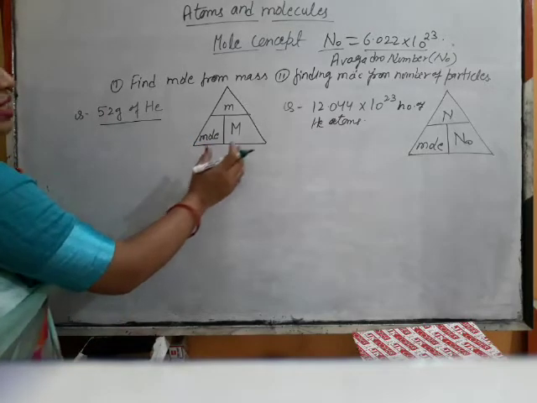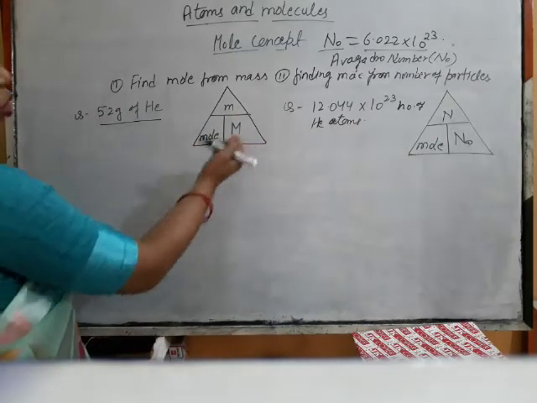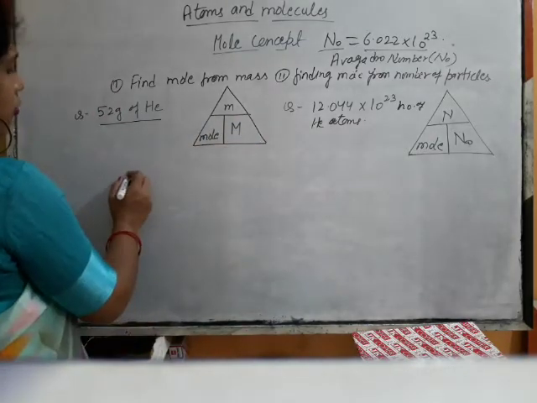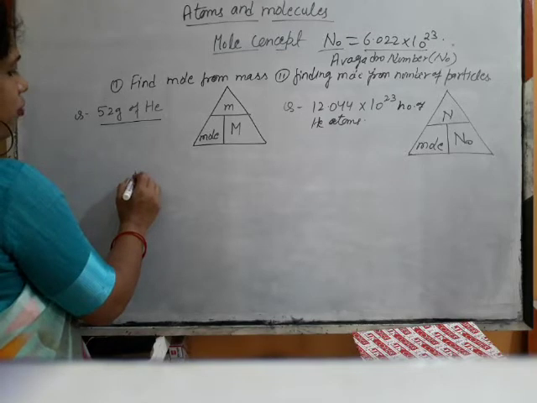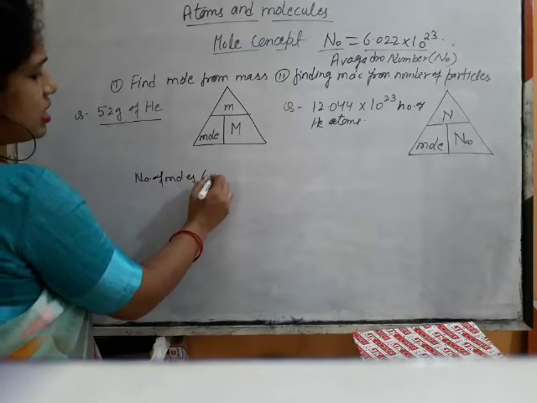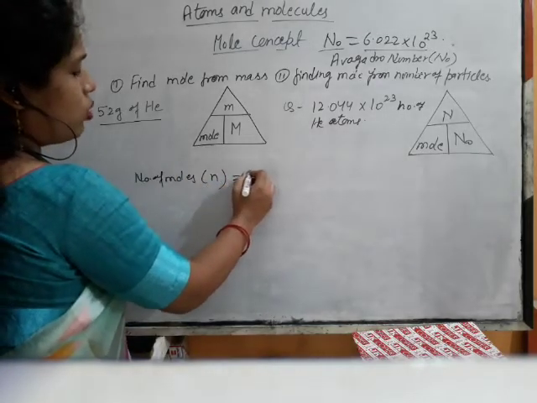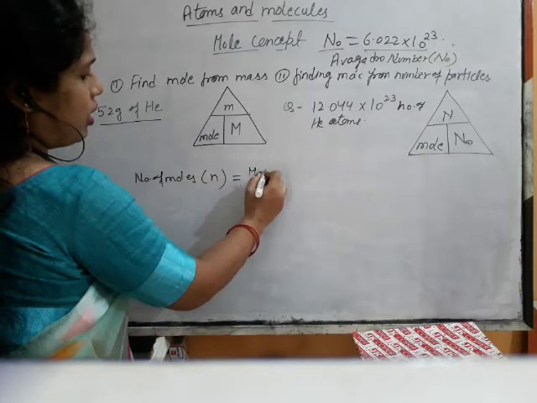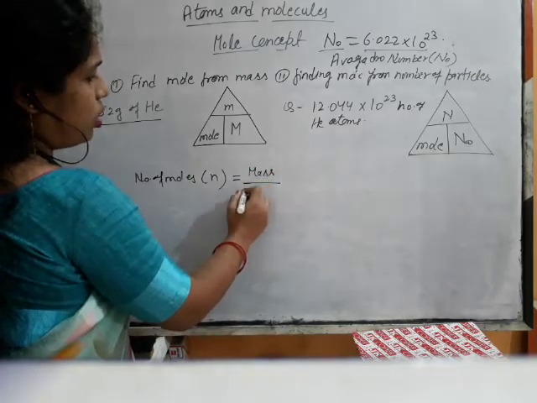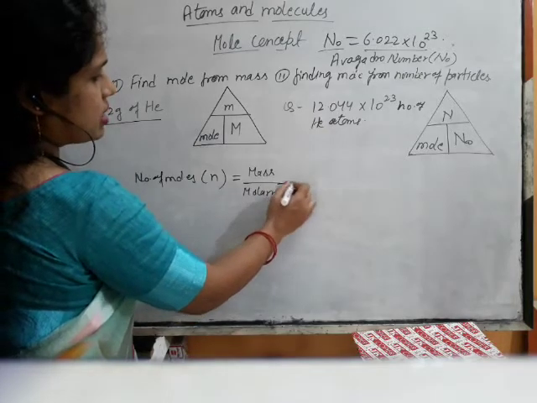There is a little structure and a formula to find the number of moles when mass and molar mass are given. The number of moles, given by small n, is equal to mass upon molar mass.